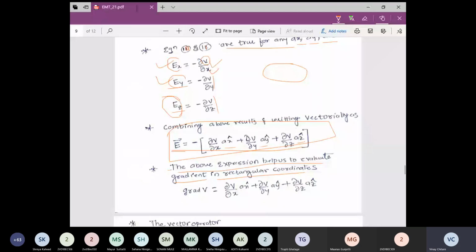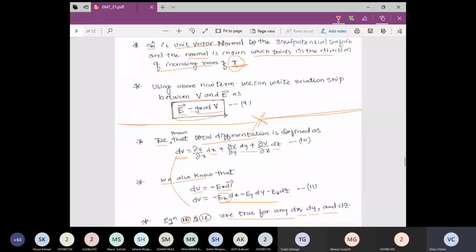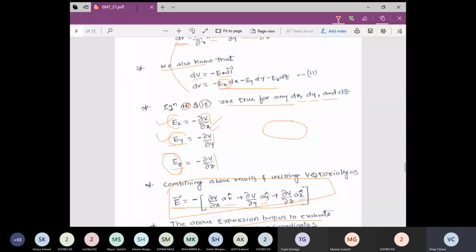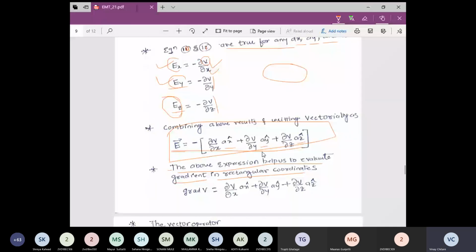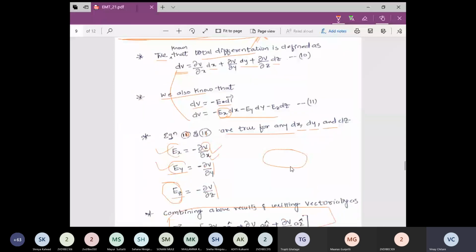If you observe some textbooks or authors, in order to derive the relationship between an electric field and the potential, they will start from here, and you get this particular mathematical expression. But if you start from there, we will never come to know the meaning of the gradient actually.